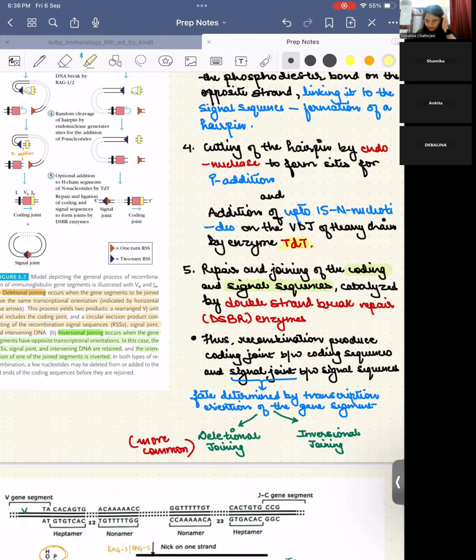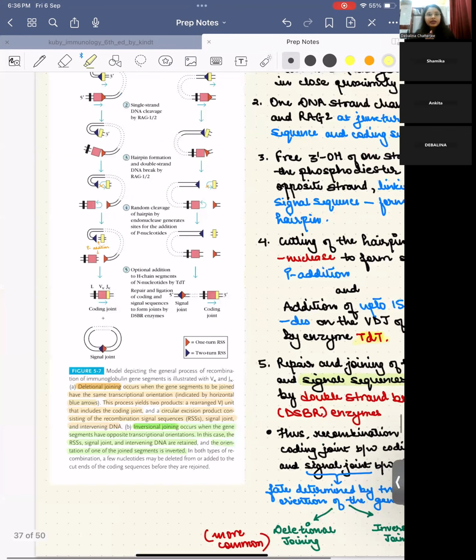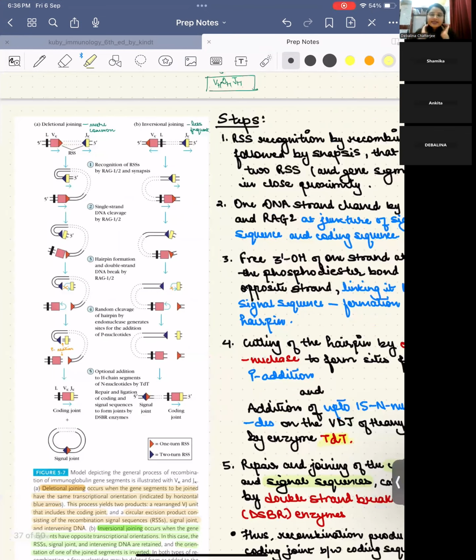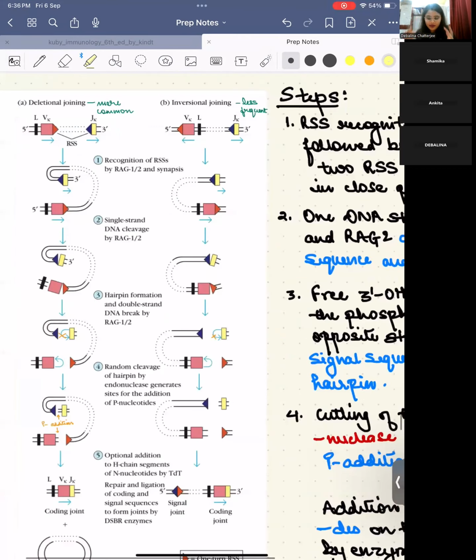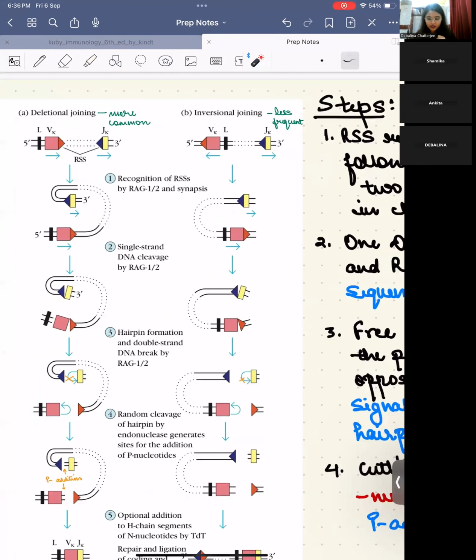Fine. So now we can come to this diagram, right? So what we so far imagined is that we have a linear stretch of DNA, but the possibility is such that when we have the orientation of the gene segments, there is a possibility that we have, sorry, not the signal sequences, the coding frame, in the same direction, right?